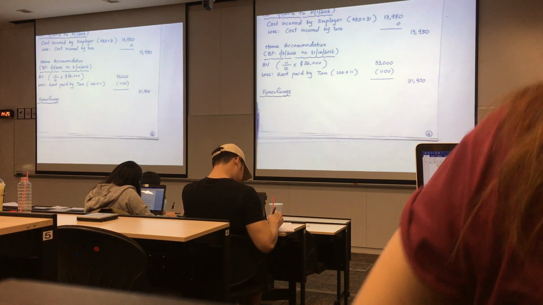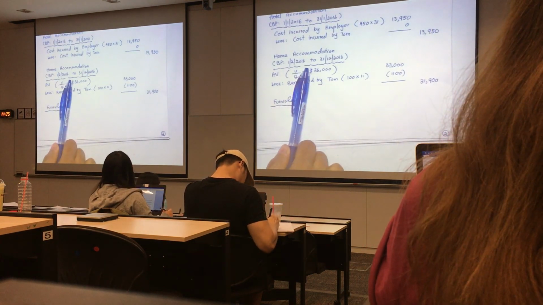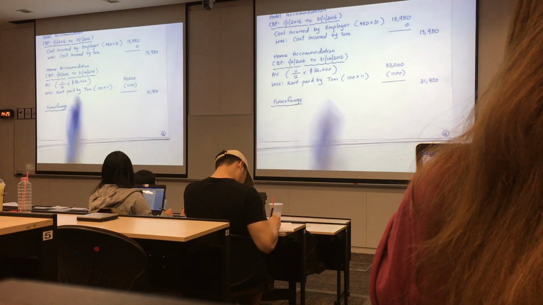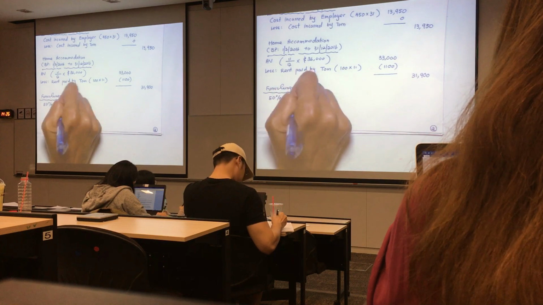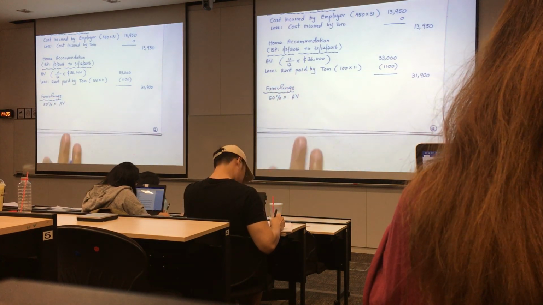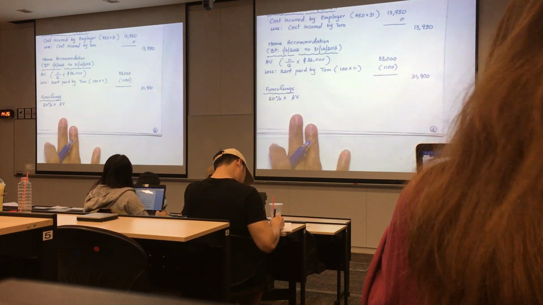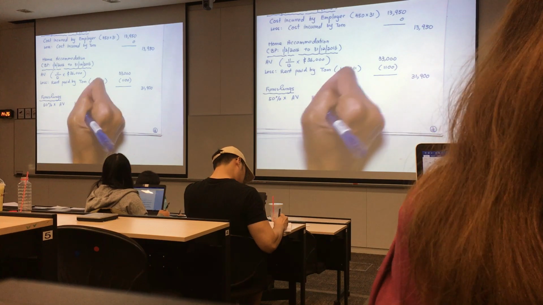Now, for furnishings, remember, I no need to repeat my basis period. Understood? Okay, it's 50% times annual value. Alright, and so you calculate them.